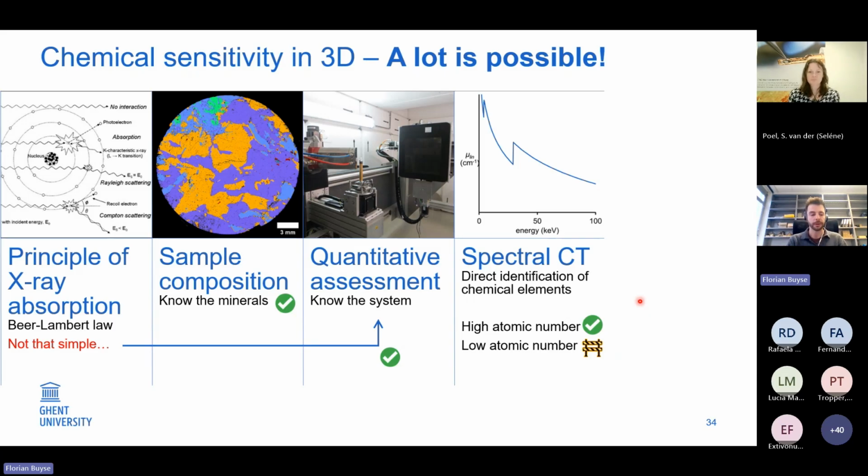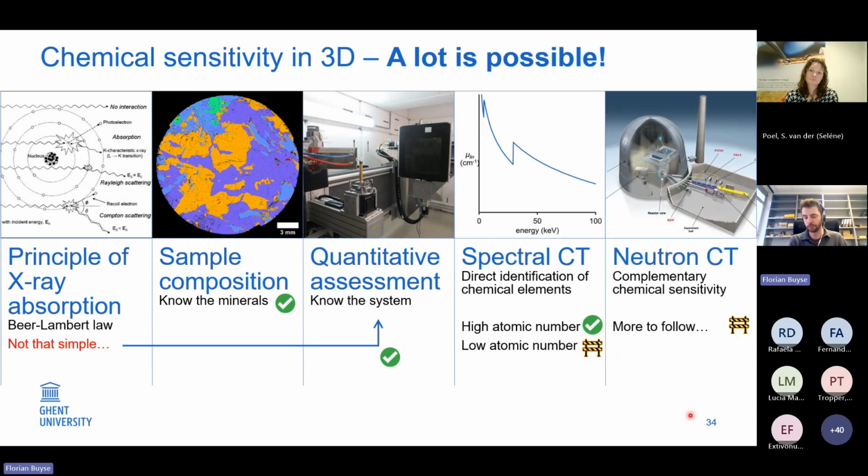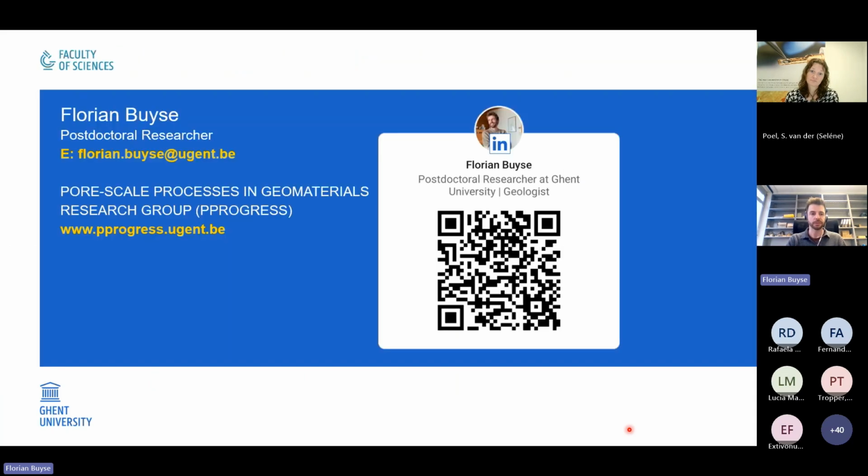There is an example of such an application already published by the DMEC Center in Pole, where they differentiate, for instance, calcite from dolomite using this technique. And now I'm working on the combination with neutron CT. There's more to follow, but just to give you an idea already, there are possibilities when combining those with X-ray CT to have an extra complementary chemical sensitivity. So yeah, this was my presentation. Thank you.